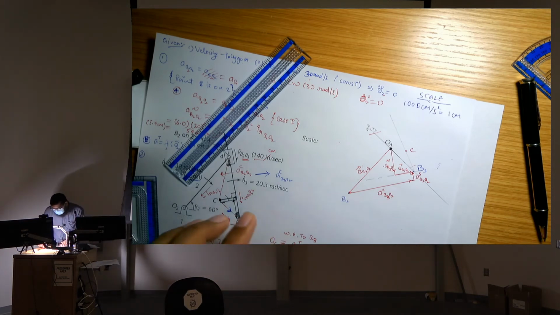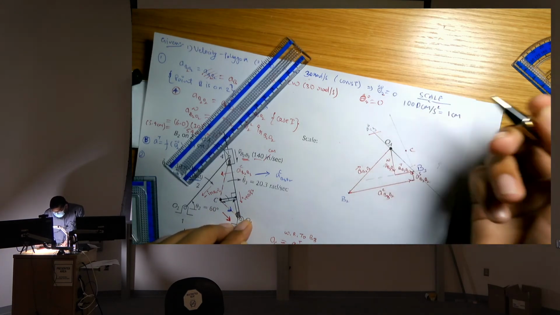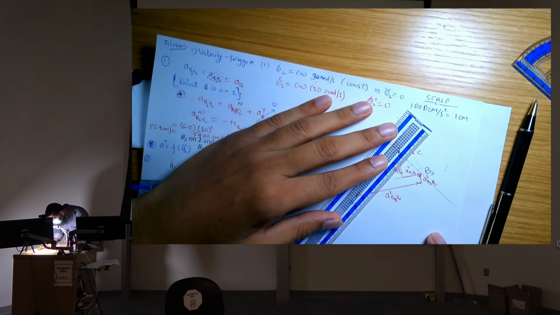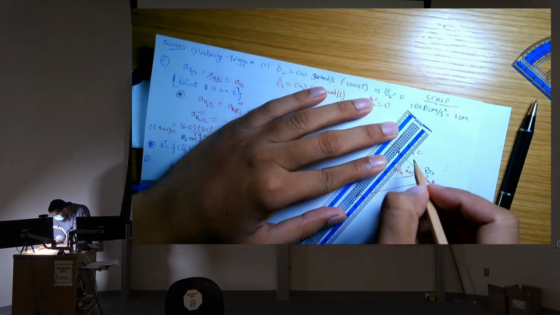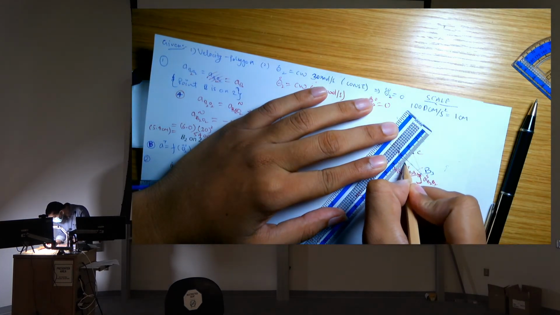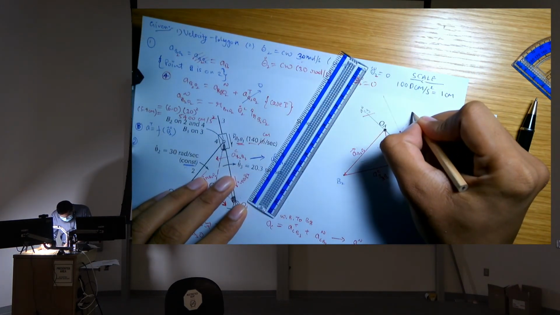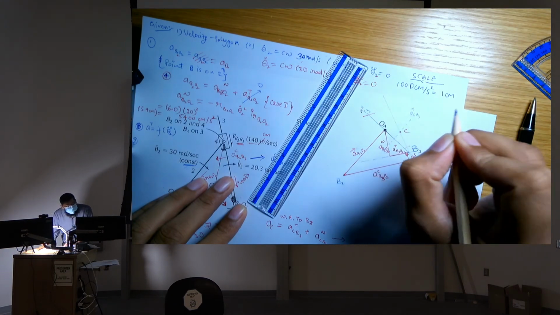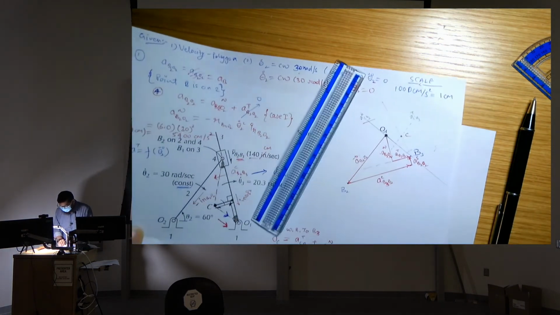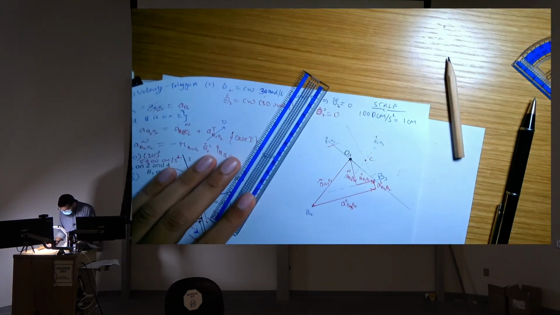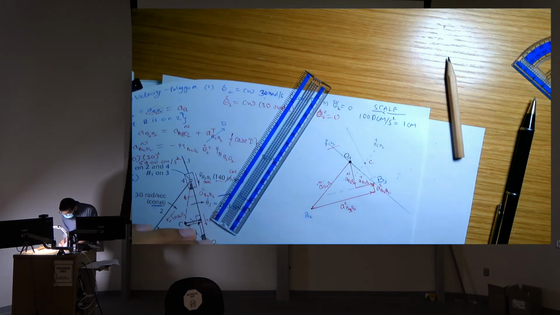So we have A_CO3 here, and the tangential component would be perpendicular to the normal one. Now let's focus on this part with respect to B3.